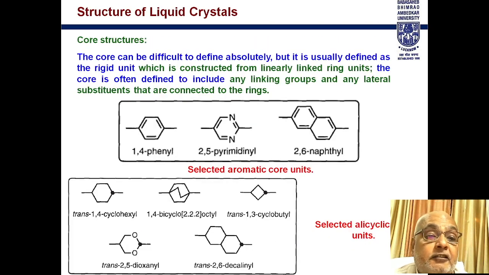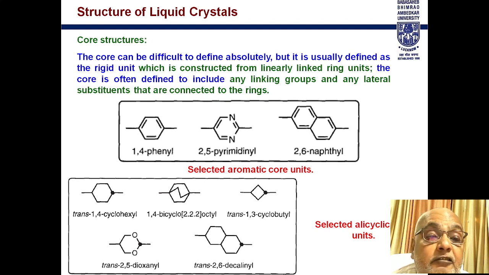Structure of the liquid crystals. The liquid crystal structure is divided into several parts. The main part is the core structure. The core can be difficult to define absolutely, but it is usually defined as the rigid unit, which is constructed from linearly linked ring units.